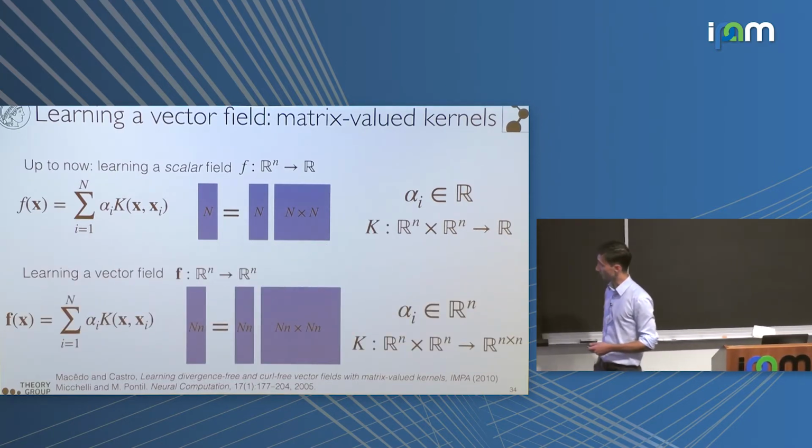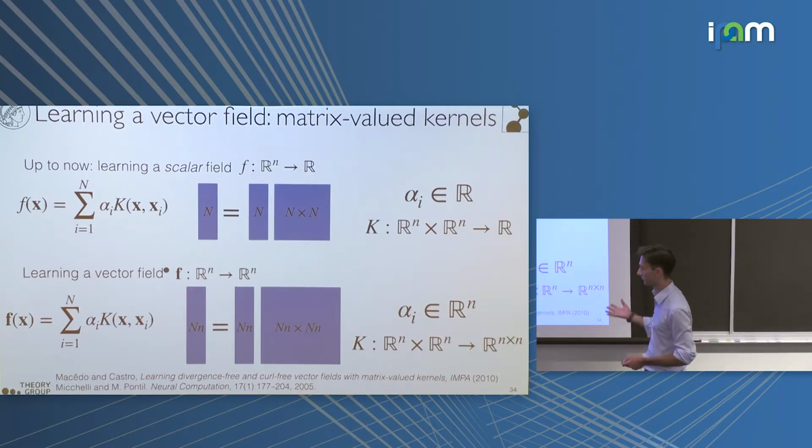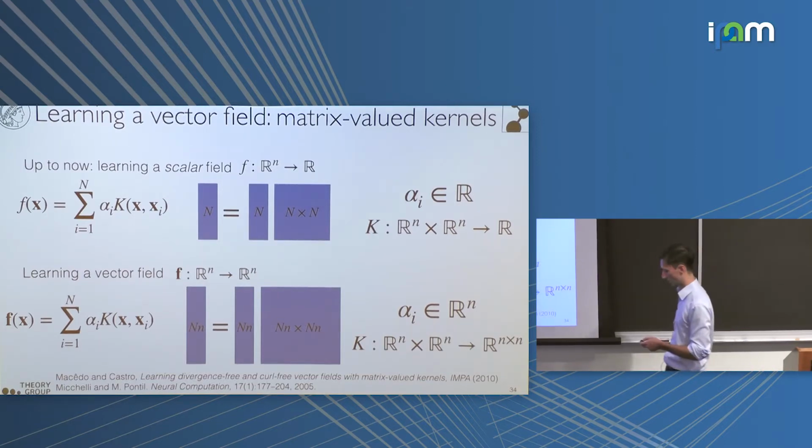If you're trying to work with a vector field, say you're trying to learn a force, you're mapping Rn into Rn. The simplest thing you can do is to scale up the number of parameters that you have. So your number of optimized weight coefficients for each training point i would now live not in R but in Rn. So if you're in 3D, then you have 3 values.